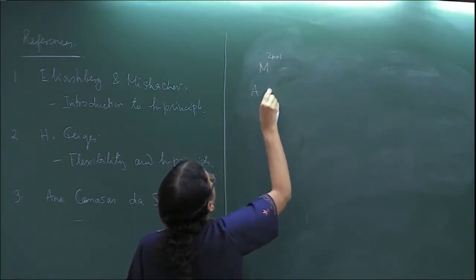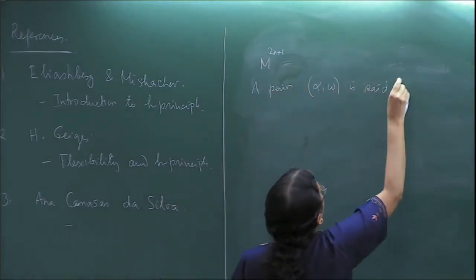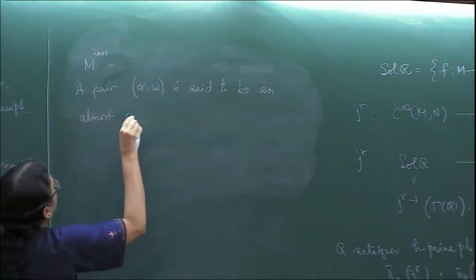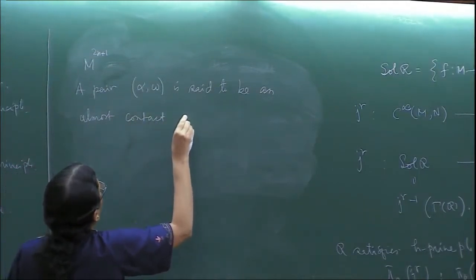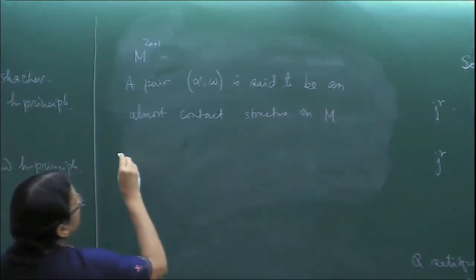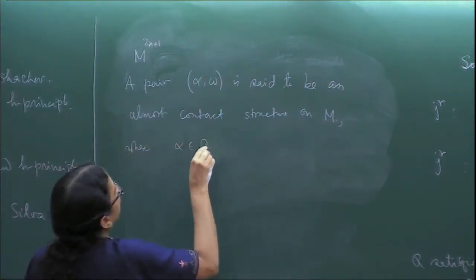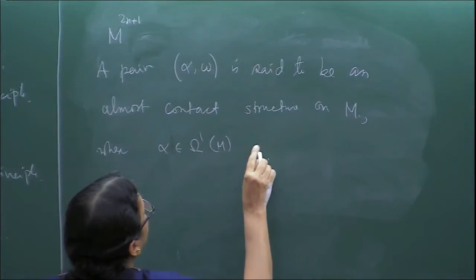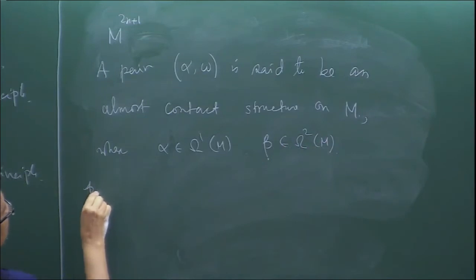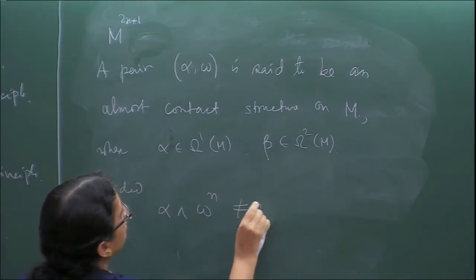So a pair (alpha, omega) is said to be an almost contact structure on M, where alpha is a one form and omega is a two form, provided alpha wedge omega to the power n is non-vanishing.